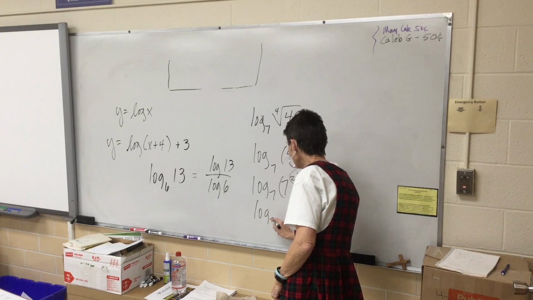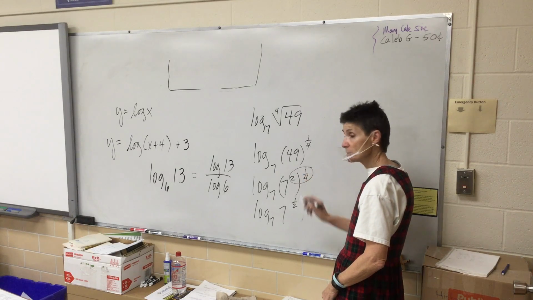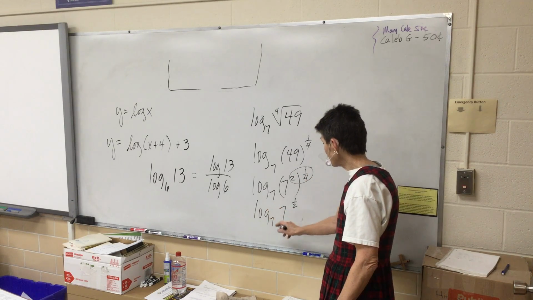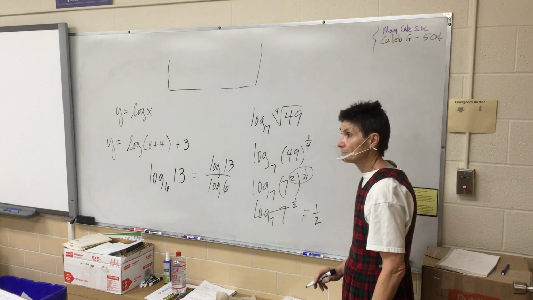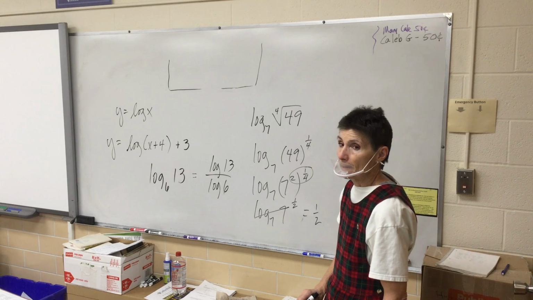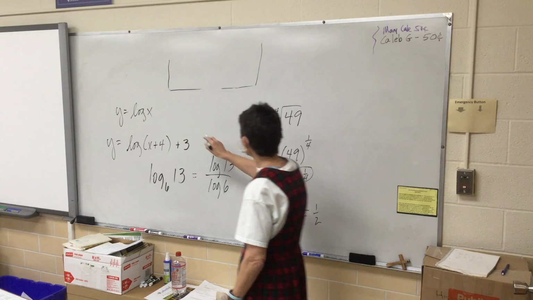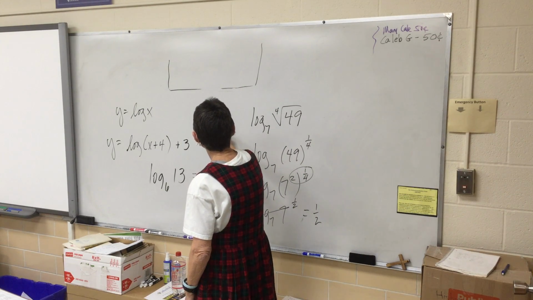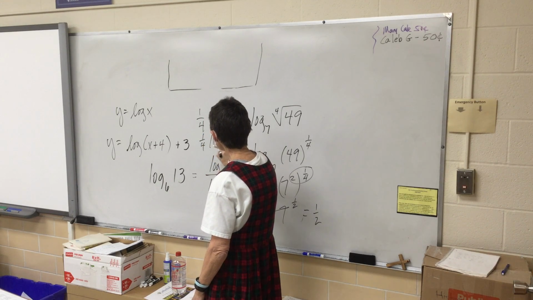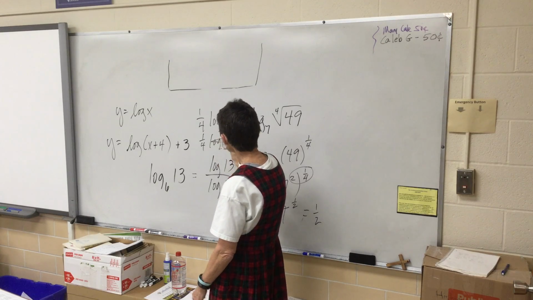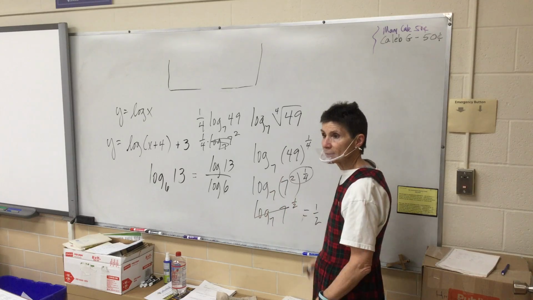So I have the log base 7 of 7 to the 1/2. And of course the log base 7 of 7 to the 1/2 is just 1/2. If you pulled it out in front, you'd have 1/4 log base 7 of 49, which is 1/4 log base 7 of 7 squared. Well, that's just 2, so 1/4 times 2 is a half. You could do it that way too.